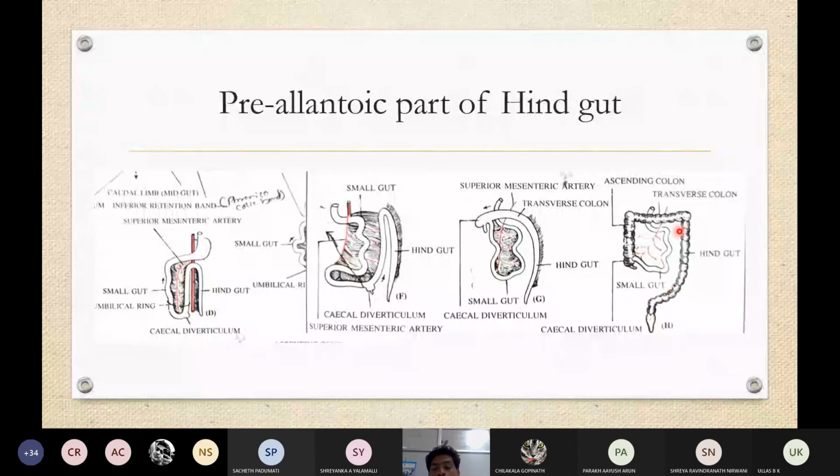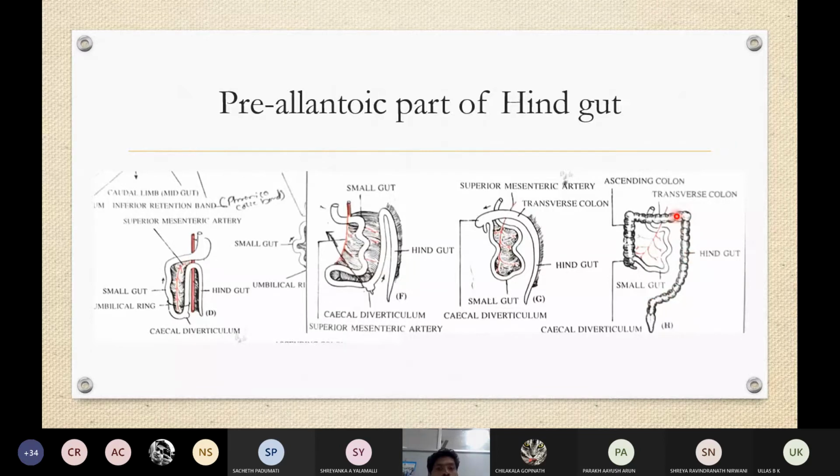Okay, they supply the hindgut part of the colon over here. So in this way, the pre-allantoic part will get converted into the sigmoid colon, the descending colon and part of the left colic flexure.